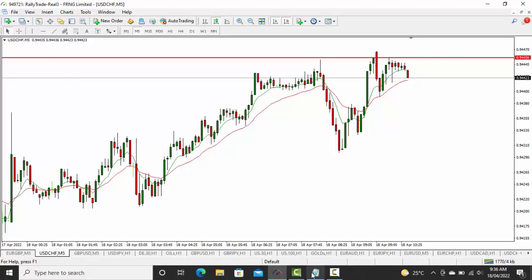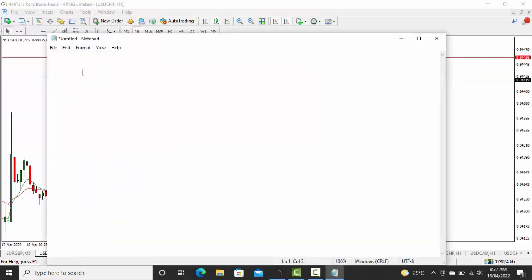So I take note of that price. I'm going to take note of the price of the high of those 5 candles under consideration, which happens to be 0.94456. 0.94456 happens to be the high of all of the 5 candles before the trigger bar.